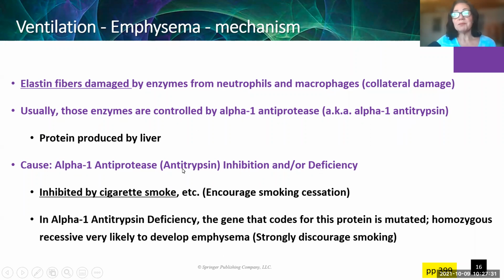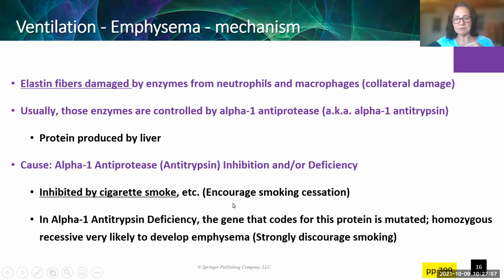The most common cause of the inhibition is cigarette smoke. And so it's hugely important to encourage smoking cessation in any patient that has emphysema and is a smoker. You know that this is challenging, but this is the single biggest insult that's inhibiting the activity of this enzyme.